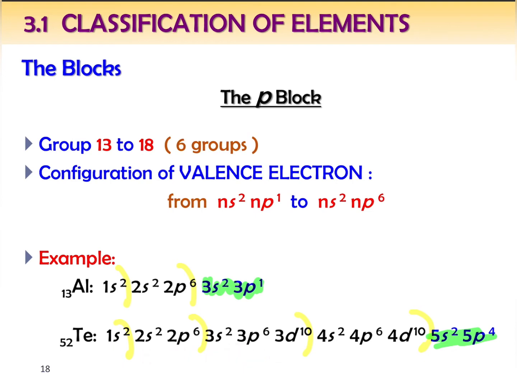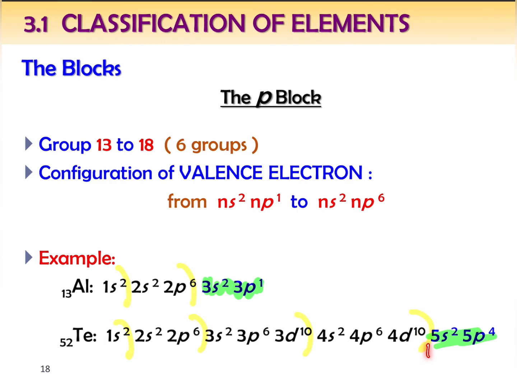Okay, walaupun kita fill in 4s2 dulu, tapi kita rearrange semula lah, okay, dia punya susunan. And then sampailah elektron yang terakhir, 6 elektron terakhir tu akan berada di 5s2, 5p4.